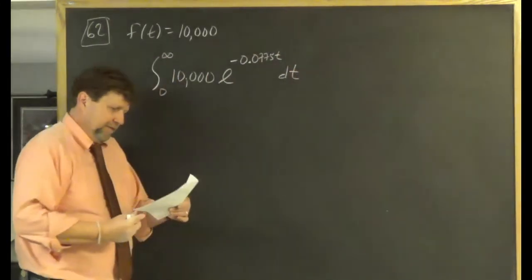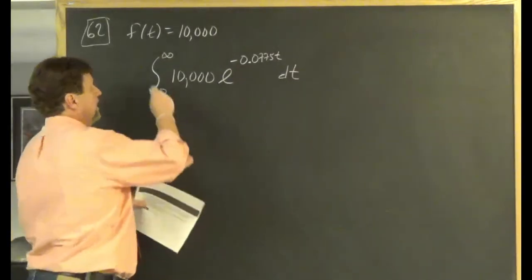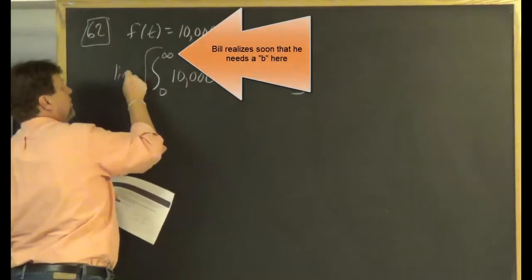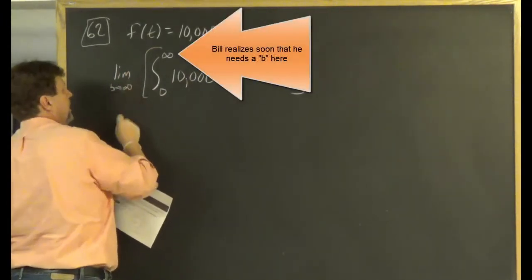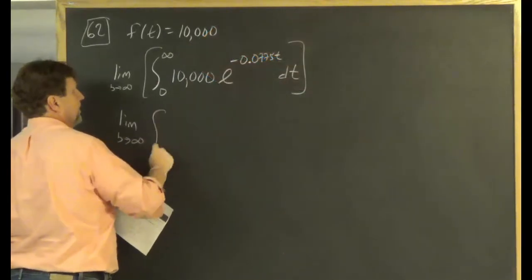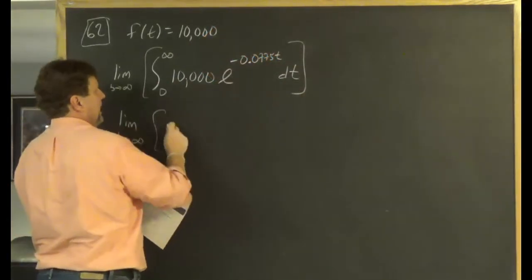It was 7.75% interest compounded continuously. And out front, we know to put the limit as b goes to infinity. And we should be dialed in. Easy to get an antiderivative.